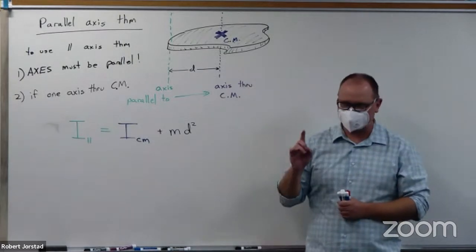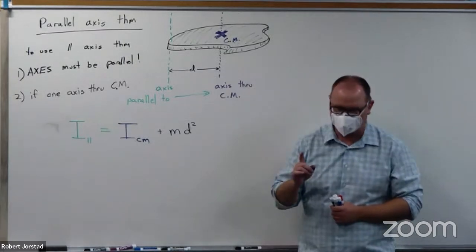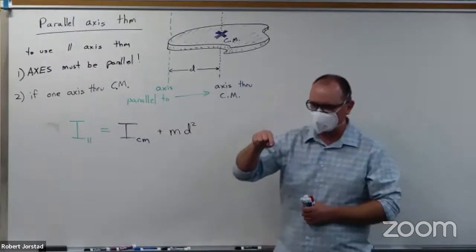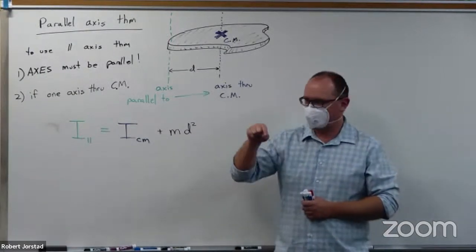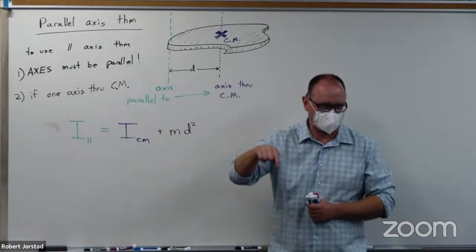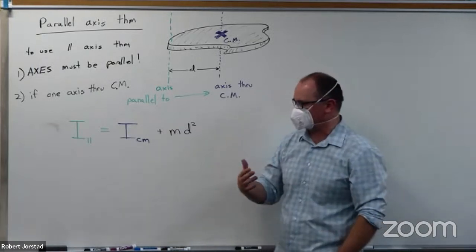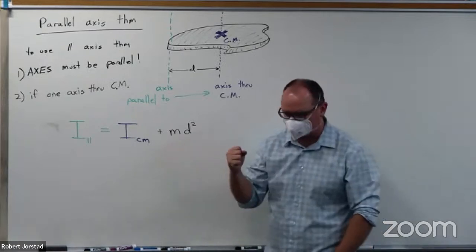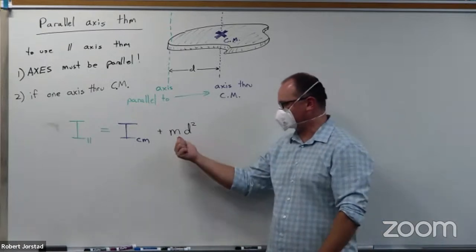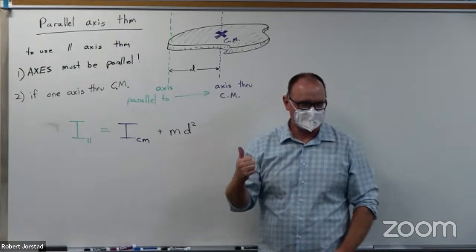Why is this such an important thing to learn? I'm going to give you a table where most of the axes are drawn through the center of mass. If I draw a problem where it's not through the center of mass, I expect you to grab the right thing out of the table and correctly add mass times distance squared.